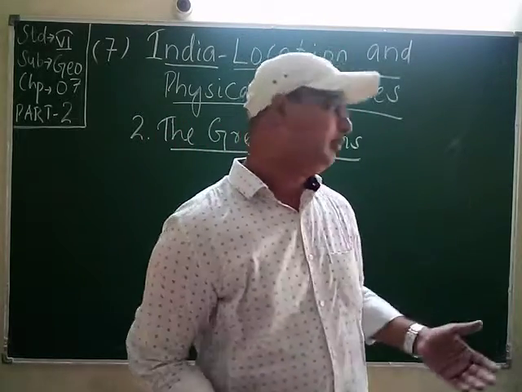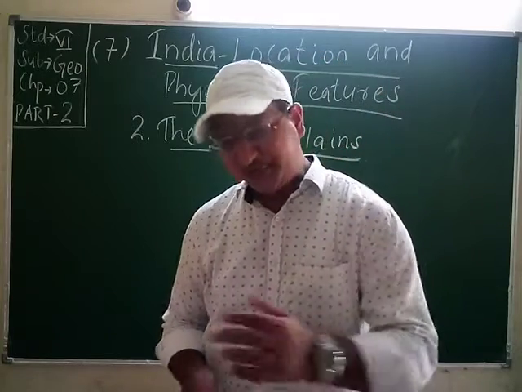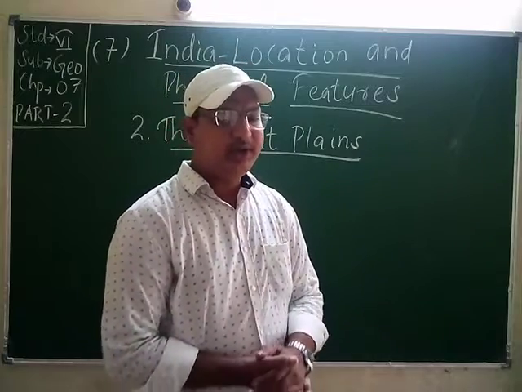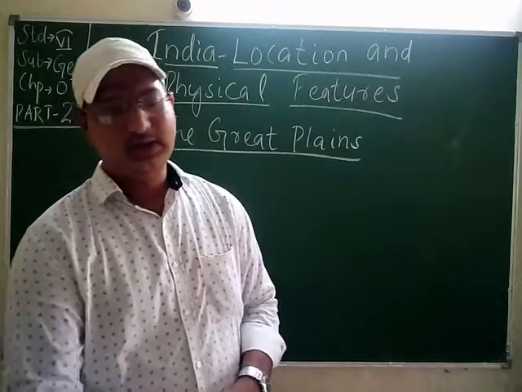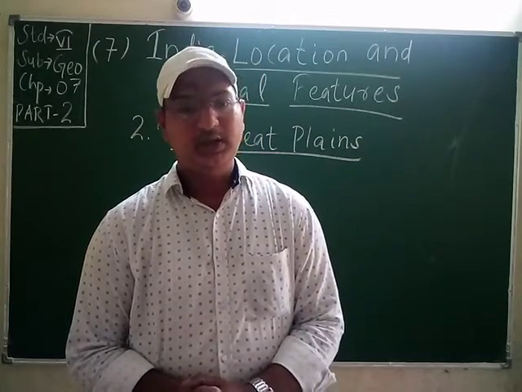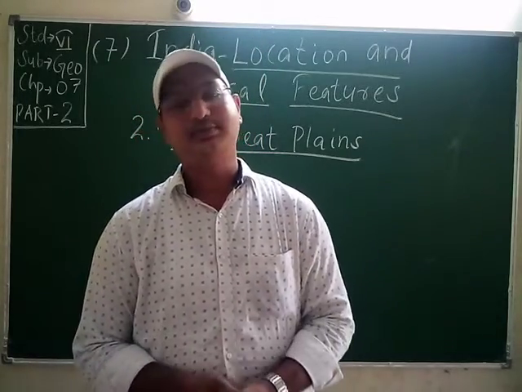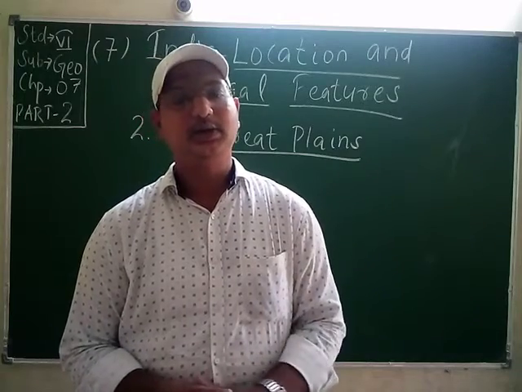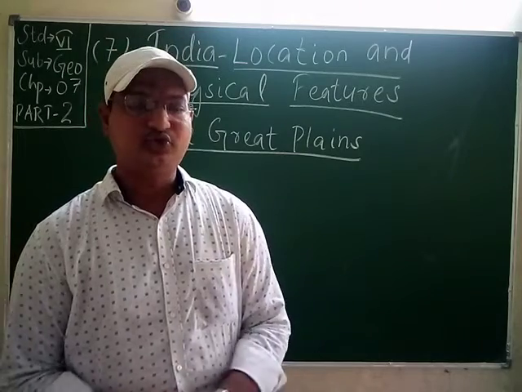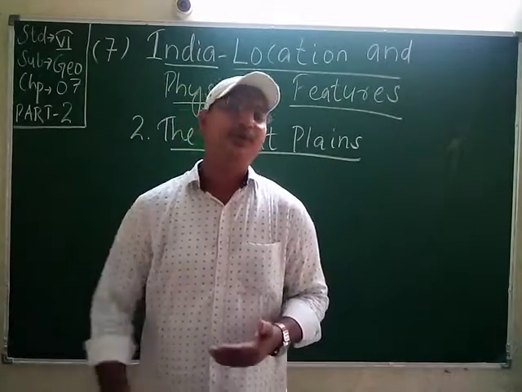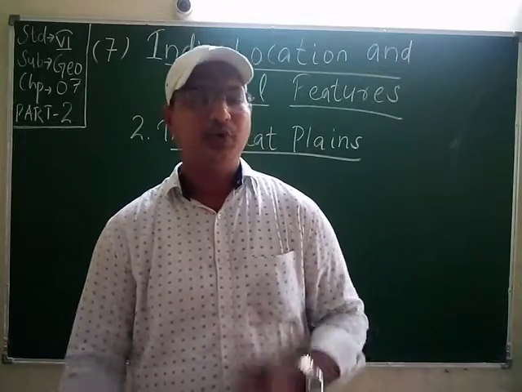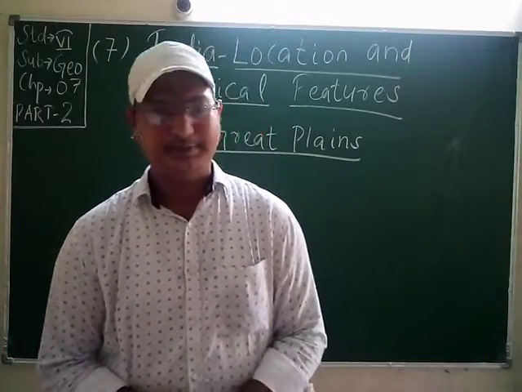Students, the northern fertile plains are situated in the south of the Himalayas. These alluvial plains are the most fertile and extensive plains in the world. They mainly cover the states of Punjab, Haryana, Uttar Pradesh, West Bengal and Bihar.